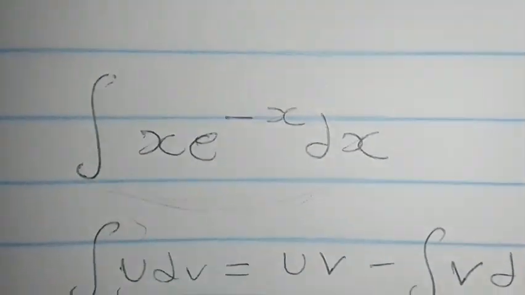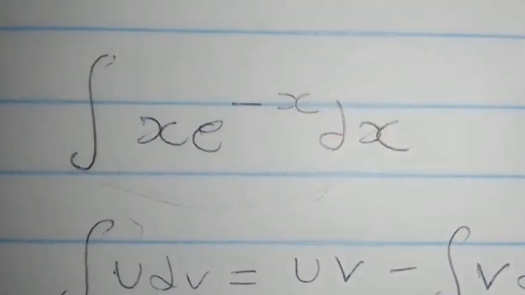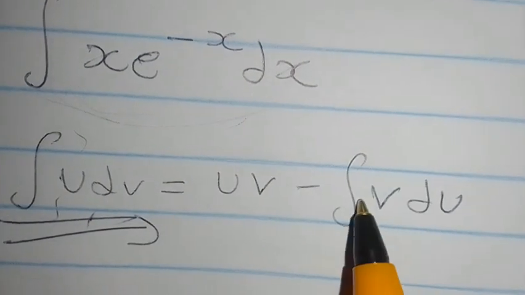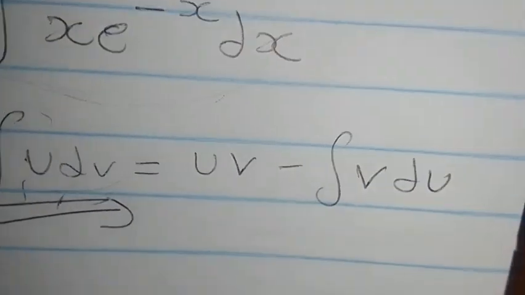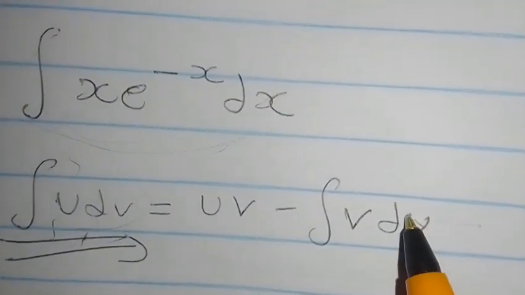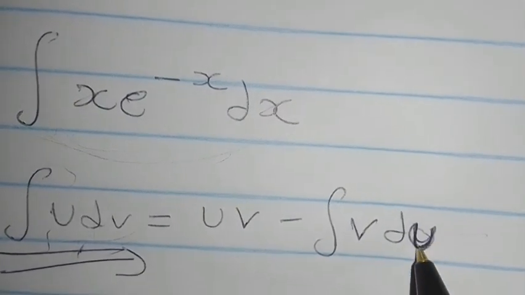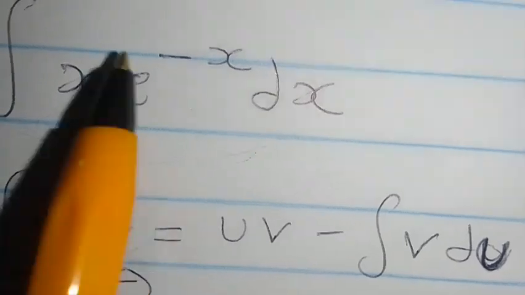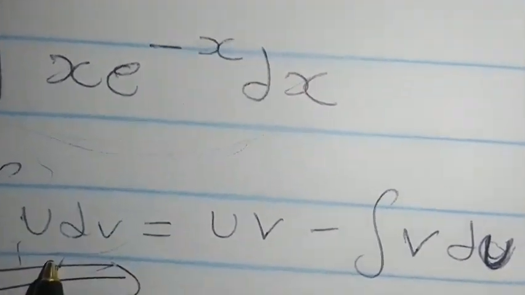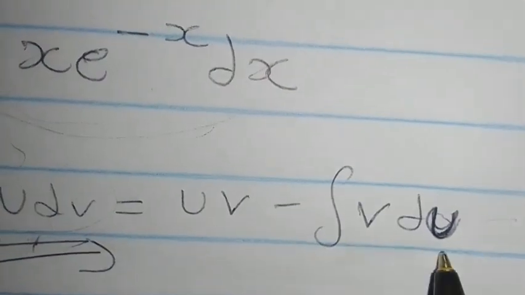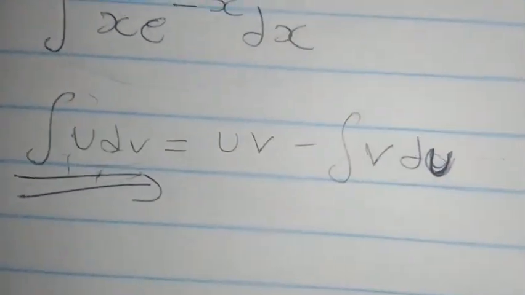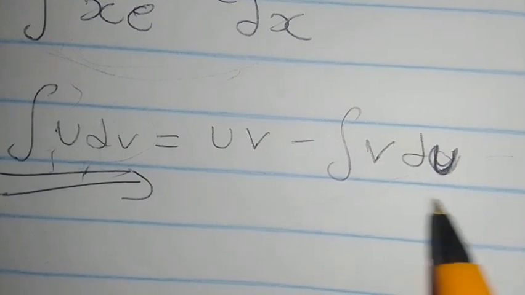Now, u will be a term that will make it easier to integrate when you differentiate it. When you differentiate u, you get du, and that must give you a simple integral when you work it out.